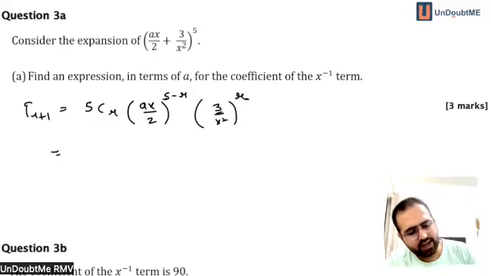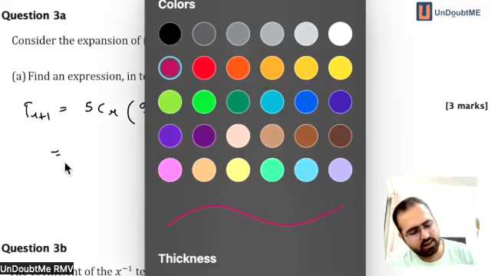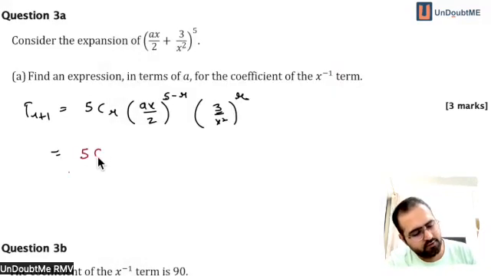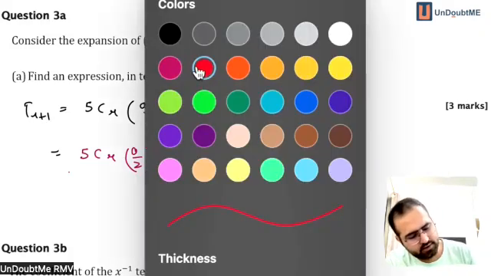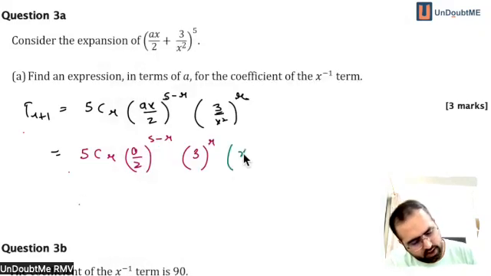We will segregate the coefficients and the powers of x. So it will be 5CR (a by 2) to the power of 5 minus r, 3 to the power of r. Then I have x to the power of 5 minus r and 1 by x square to the power of r.